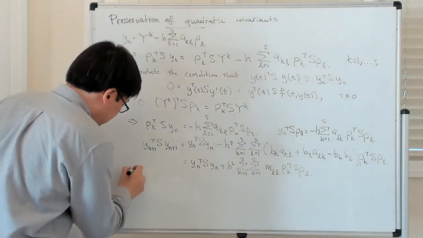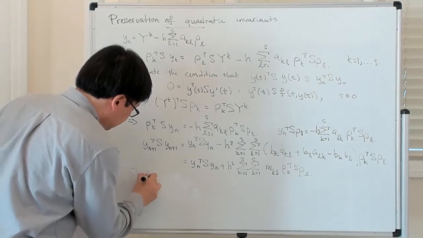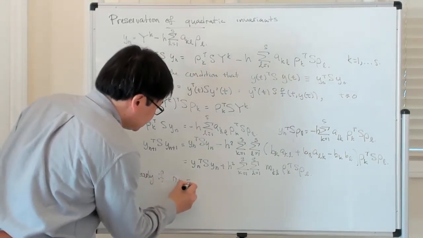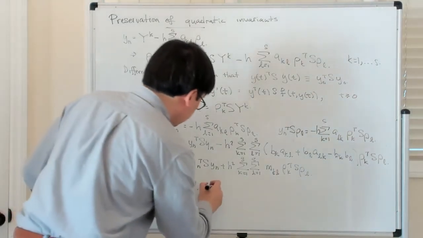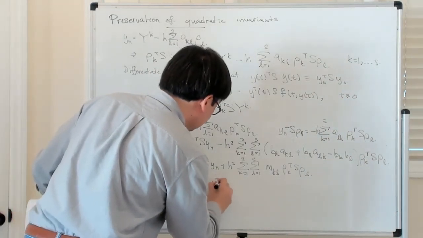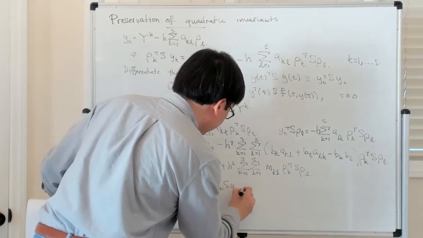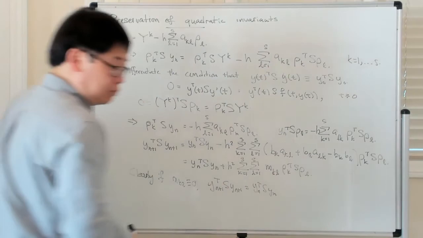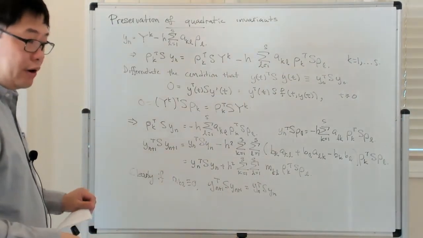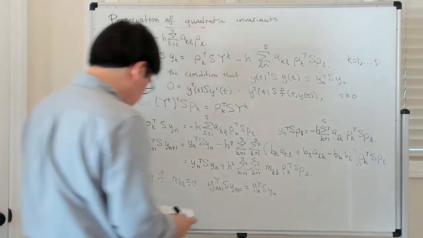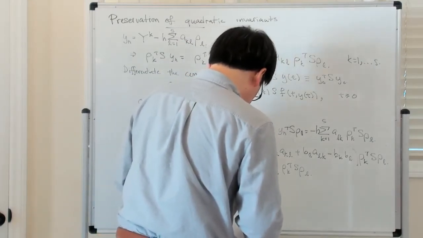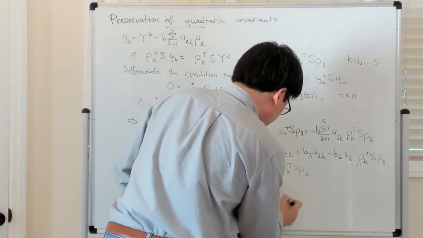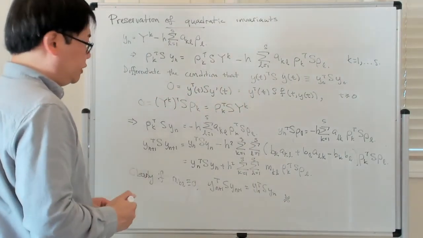So clearly, if mkl is identically 0, then yn plus 1 transpose S yn plus 1 is just yn transpose S yn, which implies that you conserve the quadratic invariant, which is what we wanted to show. Okay, so let me just stop here for now.